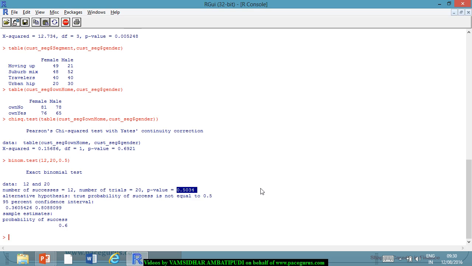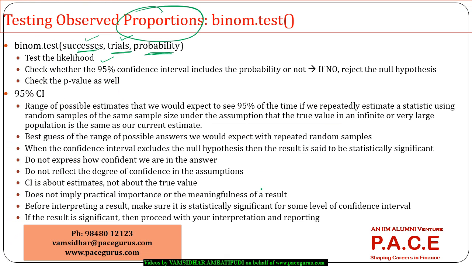In this case, the null hypothesis is that the probability of success is 0.5, 50%. Whereas the alternate hypothesis says no, the true probability of success is not equal to 0.5, it's either greater than 0.5 or lower than 0.5.